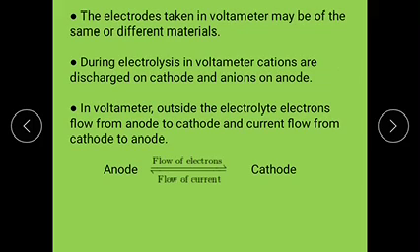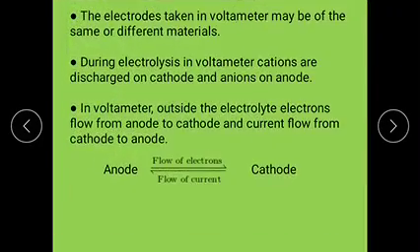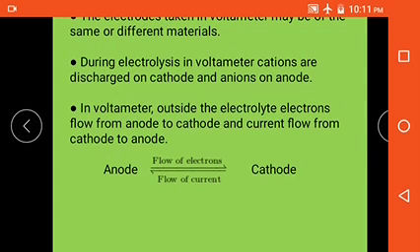In a voltameter, outside the electrolyte, electrons flow from anode to cathode, but current flows from cathode to anode. Simply, the electrolysis process carried out in a vessel is known as an electrolytic cell or voltameter.